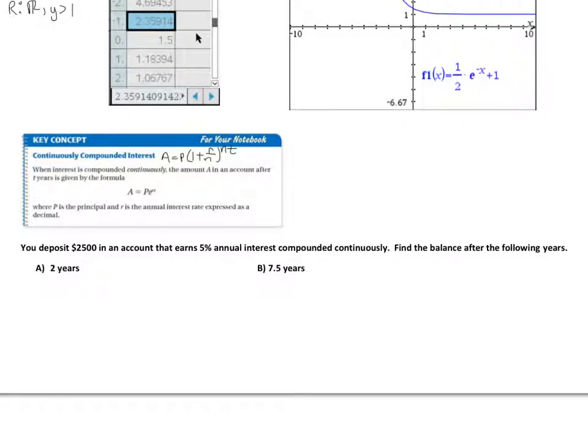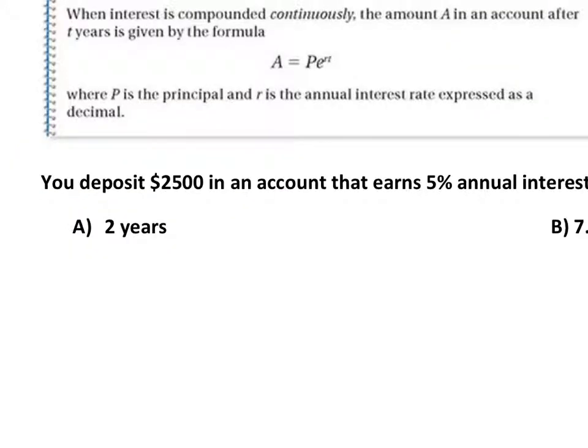So let's take a look at a few problems. It says you deposit $2,500 in an account that earns 5% annual interest compounded continuously. Find the balance after the following years. The problem said compounded continuously, so we need to use A equals the initial amount, $2,500, times e to the rate, which was 5%, but that's 0.05 as a decimal, times 2, because 2 years.